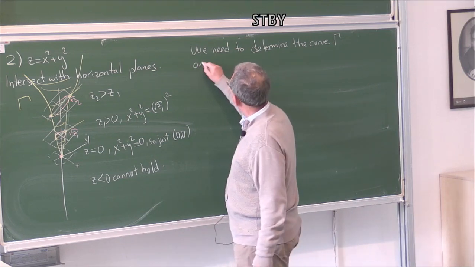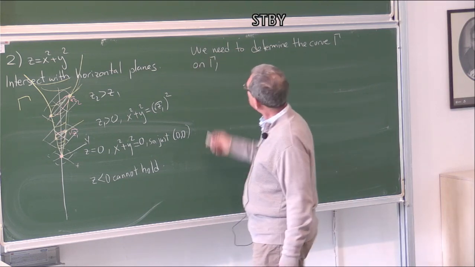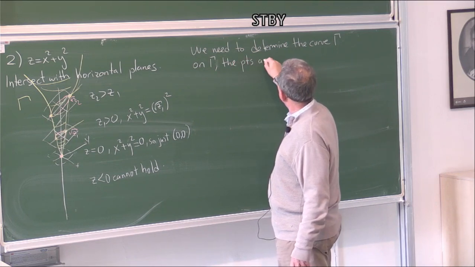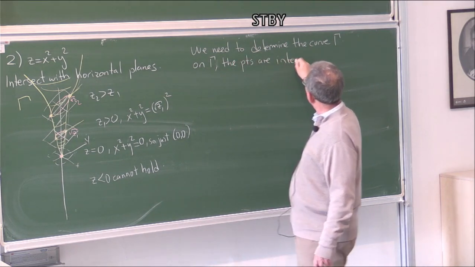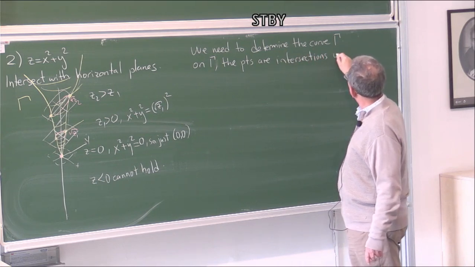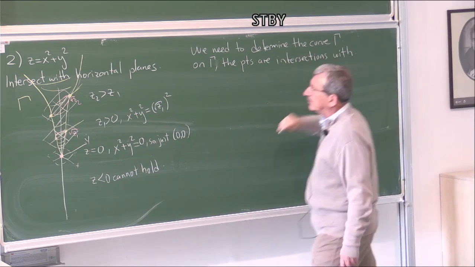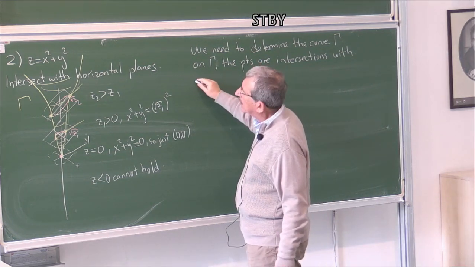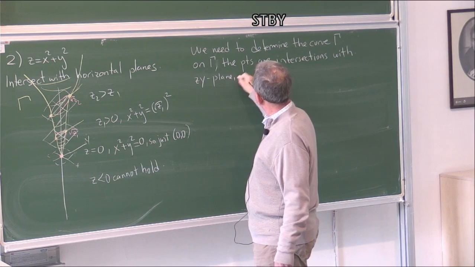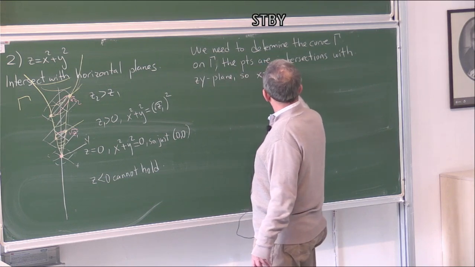So on gamma, the points are intersections with the zy plane. So x is 0.